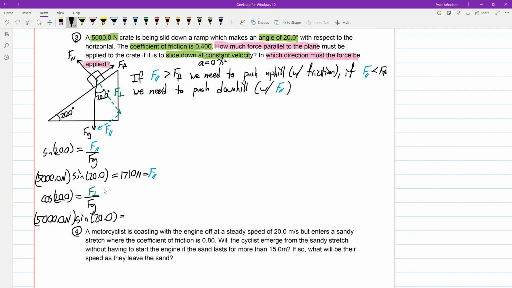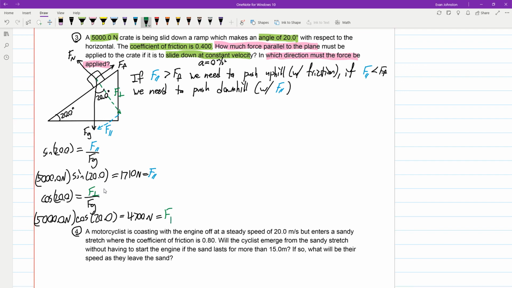And that gives me a whopping, oops, and that should be a cosine, not a sine. Sorry about that. Okay, cosine of 20, that gives me like 4,700 newtons. That is our force perpendicular.